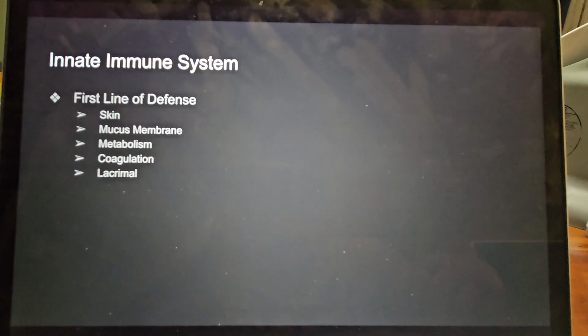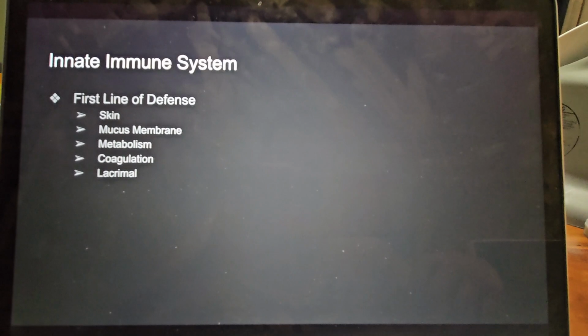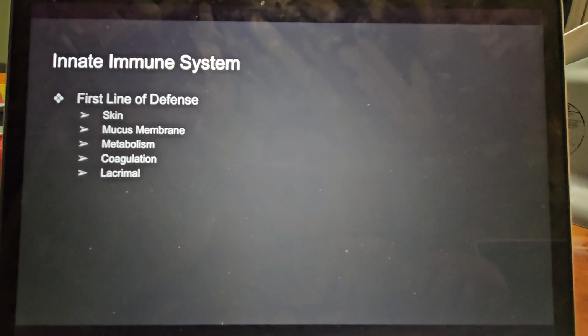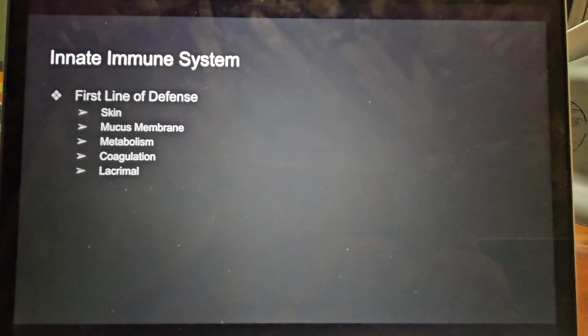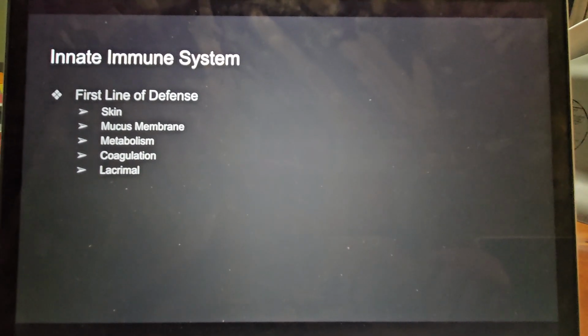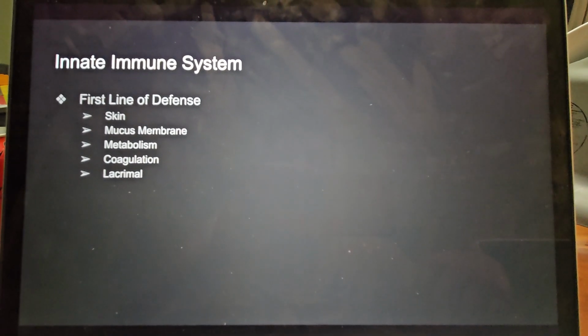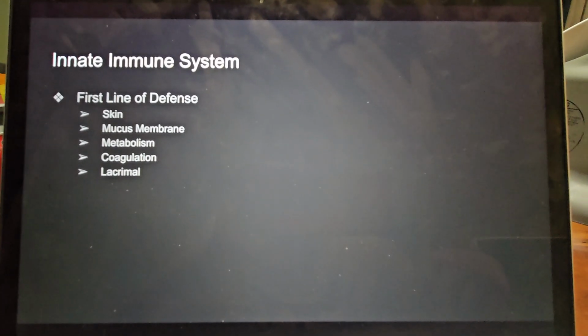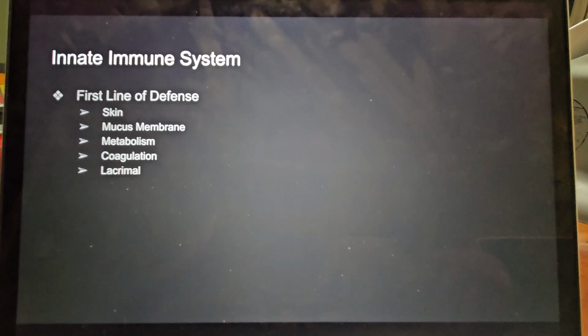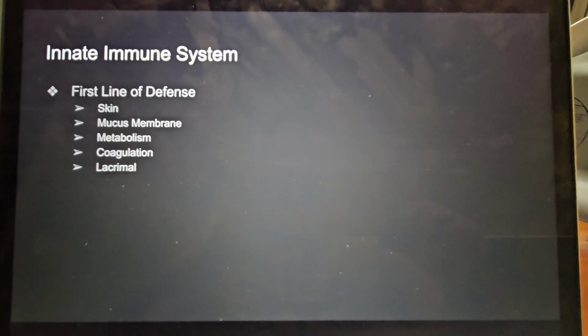So the innate immune system, which is the first line of defense, and the second line of defense, is the skin, mucous membrane, metabolism, coagulation, and the lacrimal glands. The skin acts as a barrier. It also secretes sweat and sebum to protect the body from intruders. The mucous membrane acts similarly.